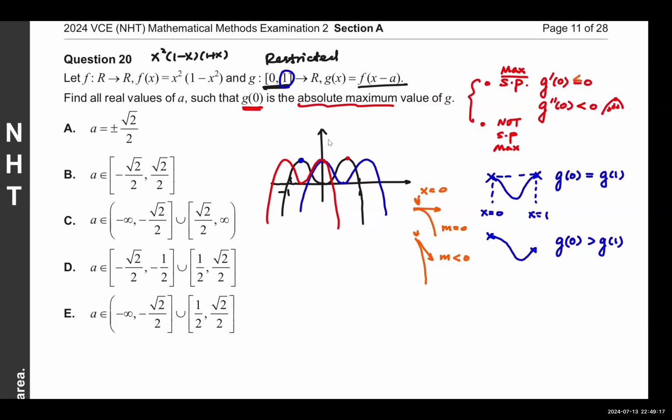So come back to the first condition: g dash of 0 is less than or equal to 0, to cover some non-stationary point cases. So you could get g dash of x less than 0, etc. All I need is this one, and maybe combine them together, g(0) greater than or equal to g(1). So this is called a maximum value on the left endpoint.